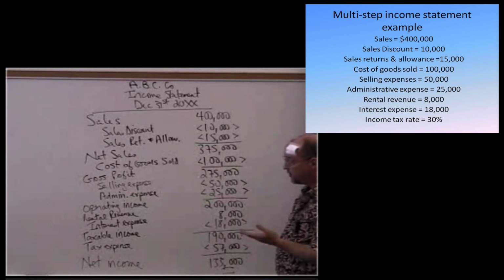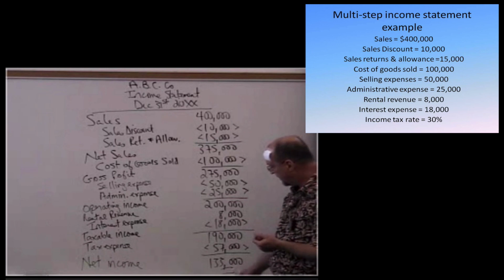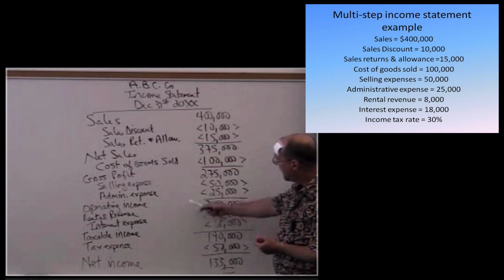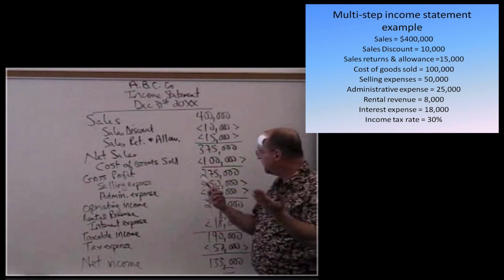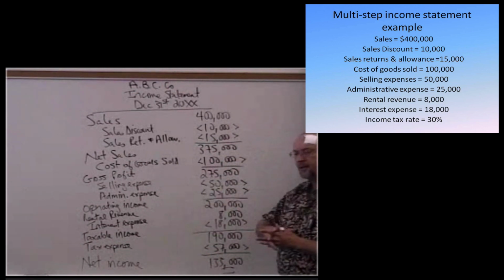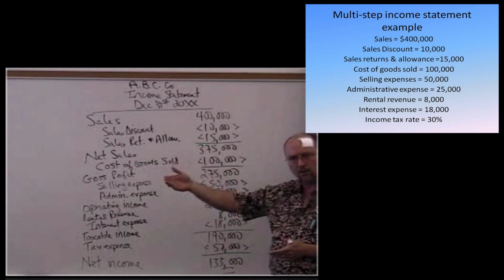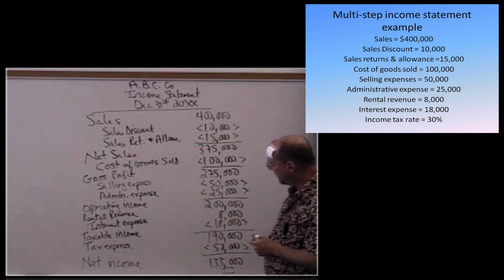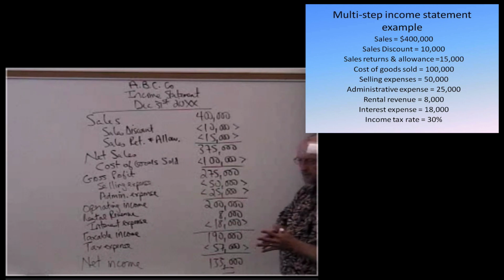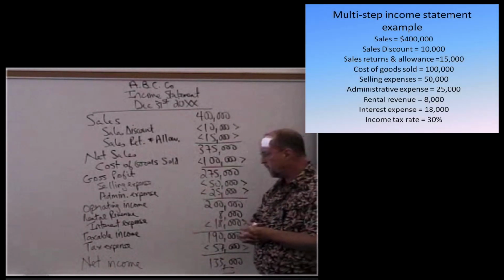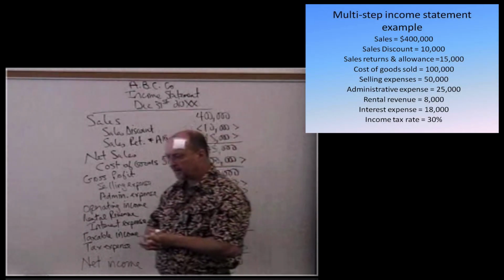And if I wanted to determine my profit margin, I would take net income of $133, divide it by net sales of $375, and that would give me whatever it gives me. And I would compare that to last year, the year before, compare it to my competition, etc. So here is a full-blown multi-step income statement, which you should get familiar with. Okay, this is an important area.